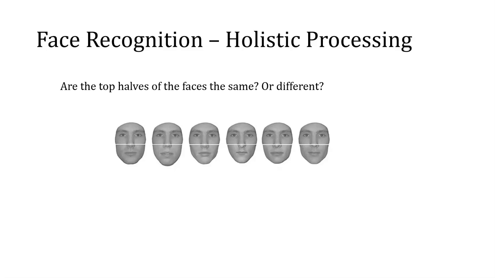Information about specific features of a face can be unreliable because different individuals share similar facial features, such as eye color, or because an individual's features can change, like skin tone. This makes it desirable for us to process faces holistically.